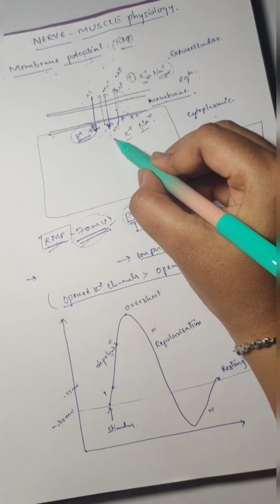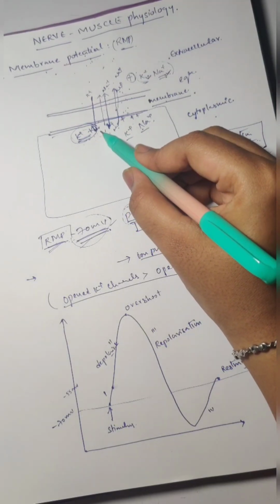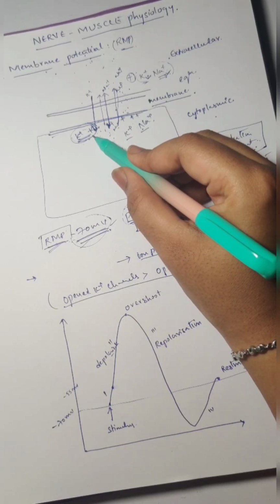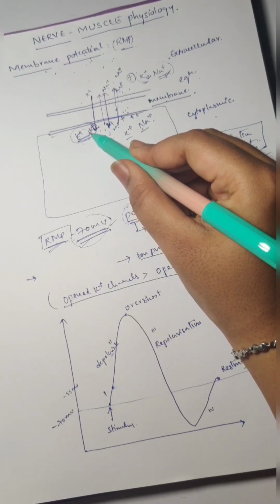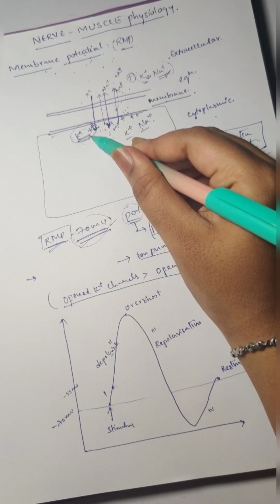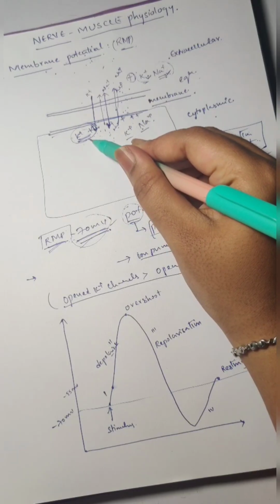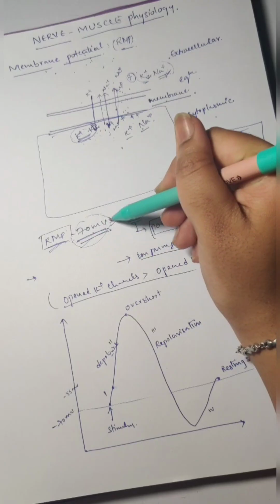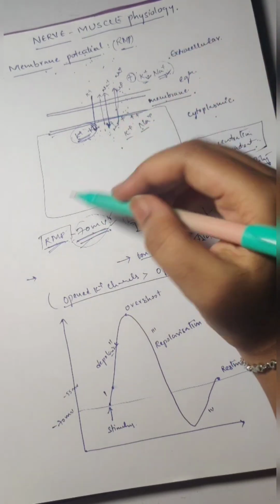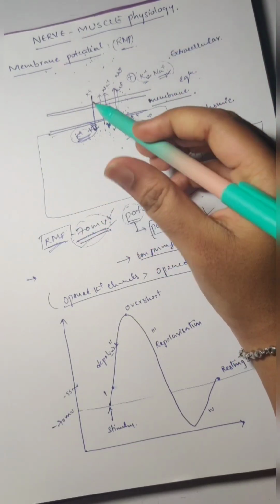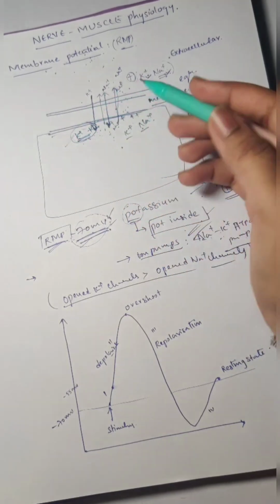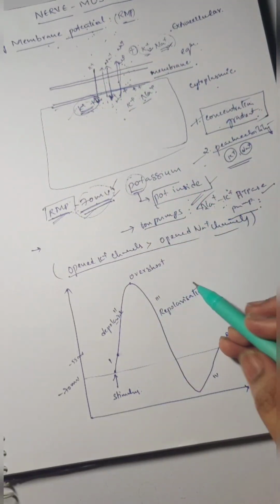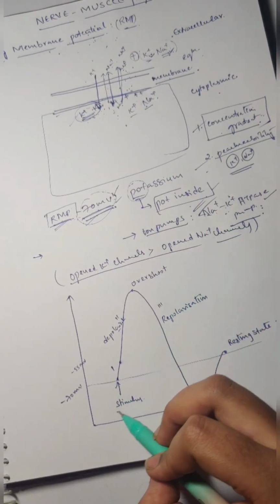So the potential of the potassium ions is equal to the resting membrane potential, almost minus 70 millivolts, right? This minus 70 millivolts is determined only by the potassium ions.